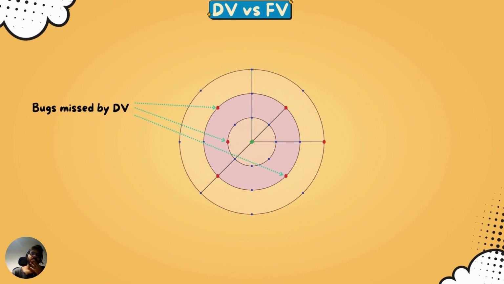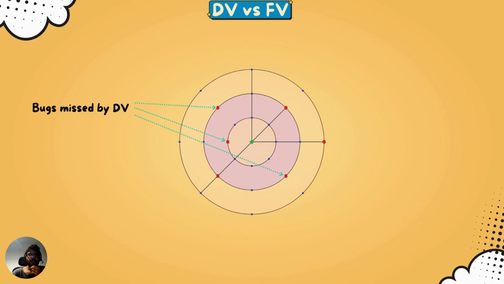This diagram shows the state space traversal by both DV and FV for an example case. The circles represent the clock cycles, or the state of the system that can be reached after every clock, starting from the reset state, which is the green dot at the center.